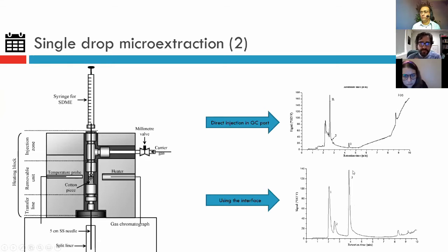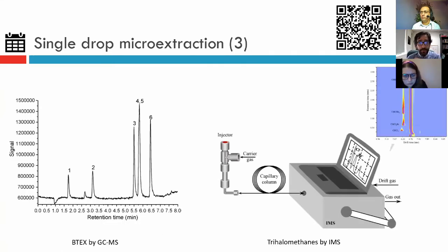So using this interface, we have analyzed, for example, monoaromatic compounds in water. You can see here the analytes. This is especially interesting because this is benzene that cannot be detected if you are using an organic solvent for the headspace single drop microextraction, because the organic solvent will give you here a huge peak that overlaps with the signal of the analyte.